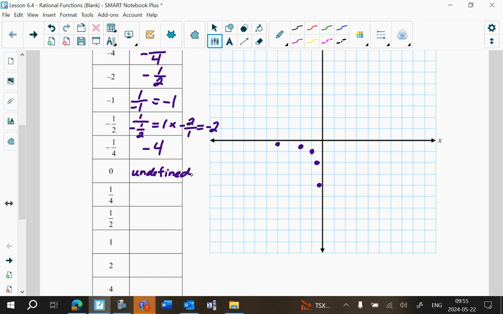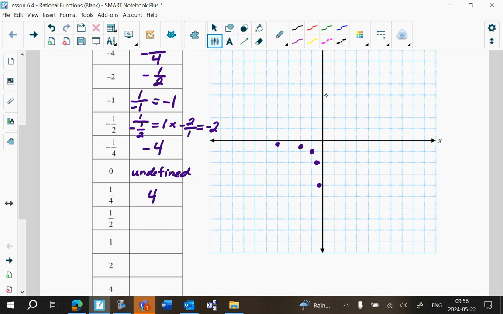What about if x is 1/4? What's 1 divided by 1/4? 1 divided by 1 over 4 is the same as 1 times, which is? So 1/4 goes up here.